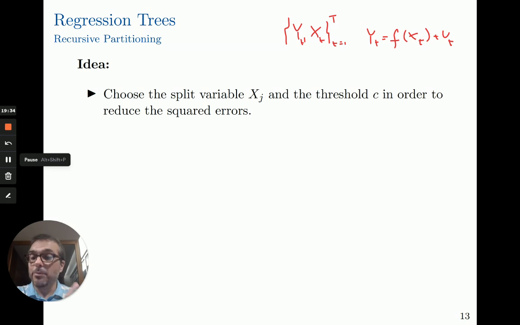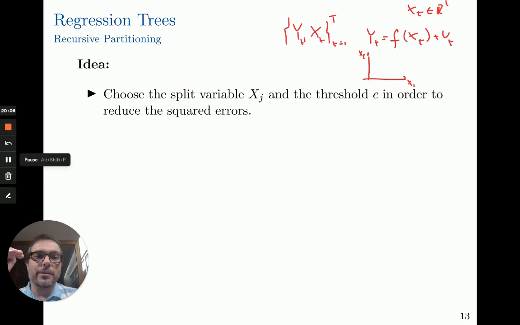So what we are going to do is a very simple approximation. Imagine that xt belongs to R2, so that we have here x1 and x2. We want to find the split either in x1 or x2 that decreases the sum of squared errors. So we start with no split, just a constant model here.